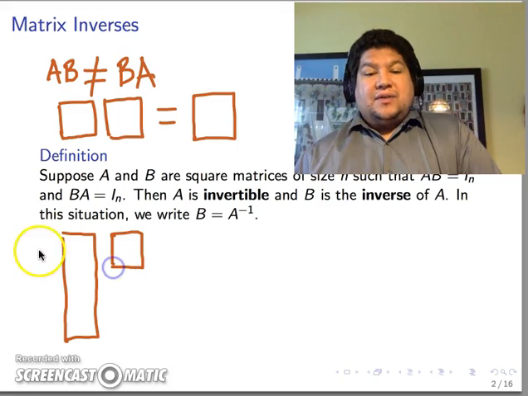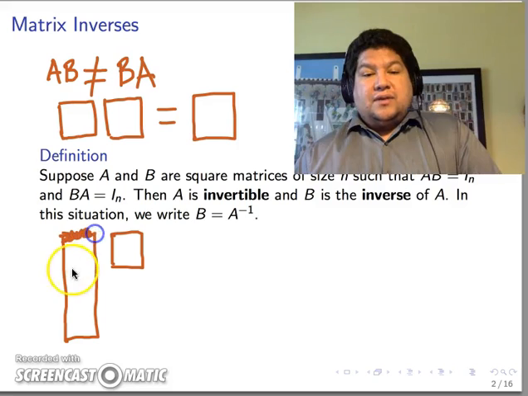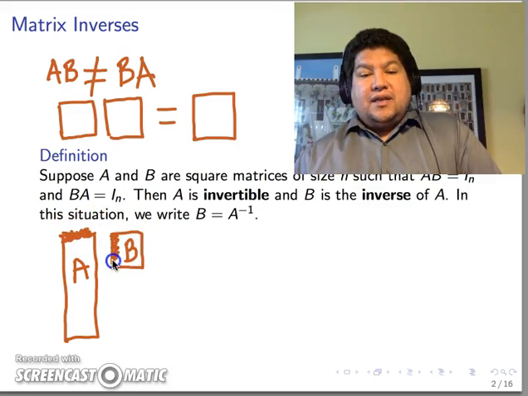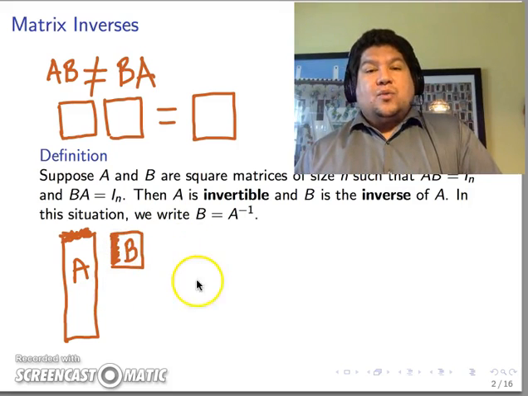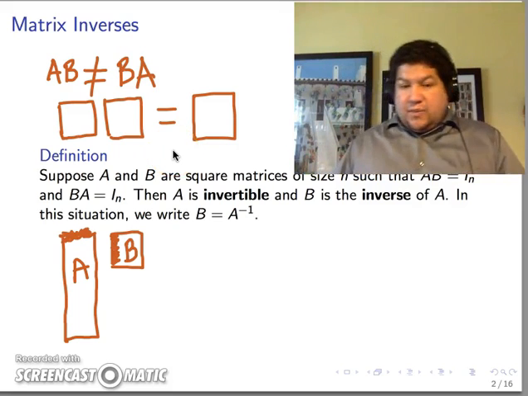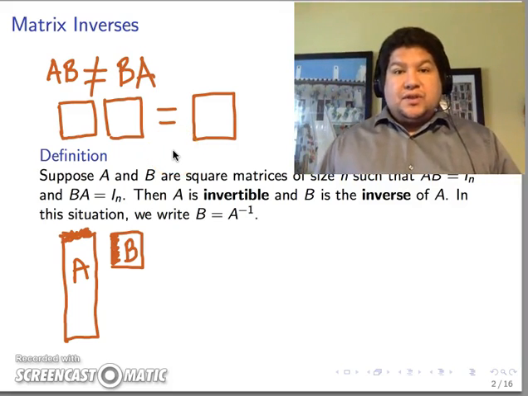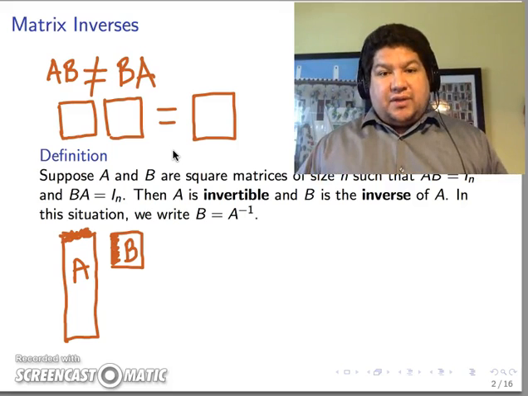But there is a requirement that the number of columns of the matrix on the left side of this multiplication, which we call A, has to match the number of rows of the matrix on the right side of the product. So there is a requirement in terms of dimensions. That is part of what we learn when learning matrix multiplication.